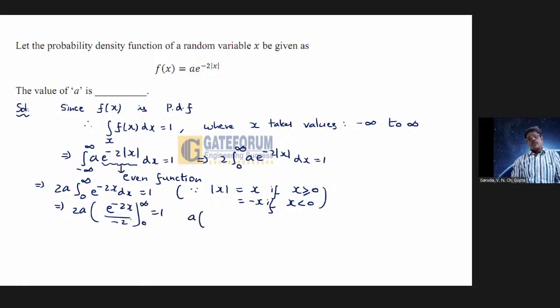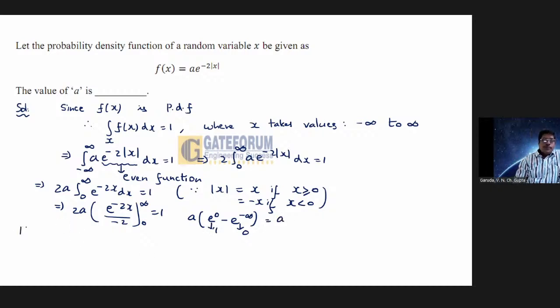A into, instead of substituting upper limit minus lower limit, substitute in reverse, so that the minus will be gone. Substitute first the lower limit and then the upper limit in place of x. So you will be getting e power 0 minus e power minus infinity. e power minus infinity is 0, and e power 0 value is 1. So this is A.